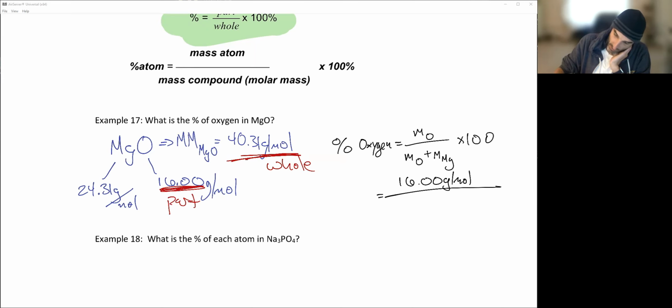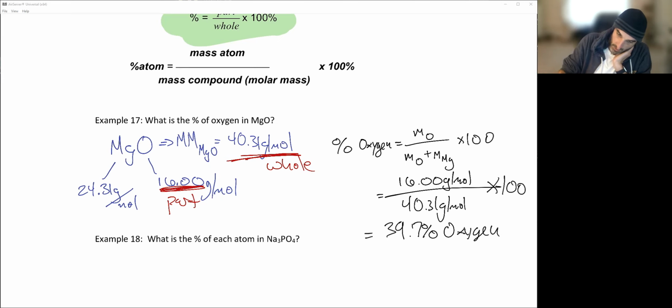The total mass, I've already added them together, so 40.31 grams per mole times 100. And you end up with a total of, let's see here, 39.7% oxygen.